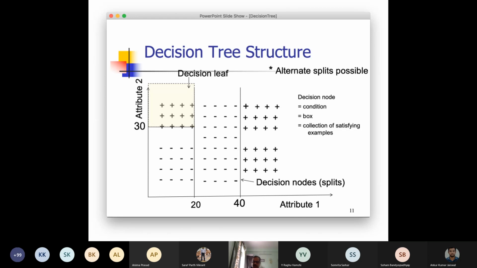So every branching will take you to a partition of the space in this particular problem. And in that space, you are looking at whatever training examples are there, whether they are all labeled uniformly by a single label or whether they have different labels.